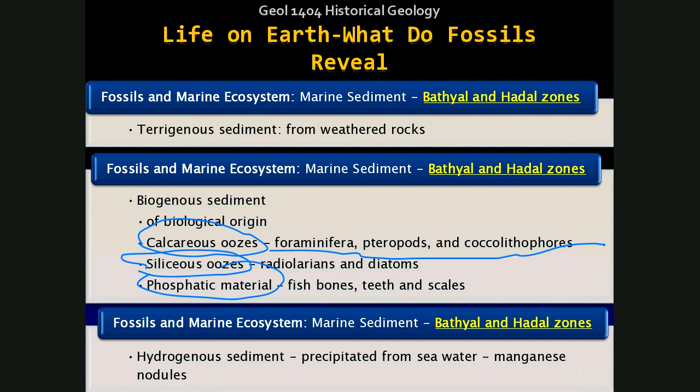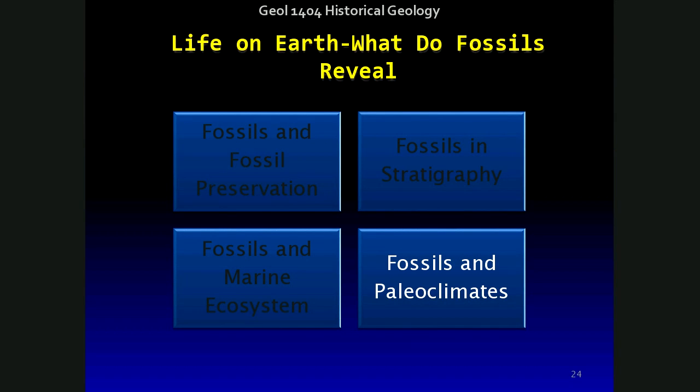But you also will find on the ocean floor terrigenous sediment, which is made of weathered rocks, or hydrogenous sediment that got precipitated directly from the ocean water. So that's something about marine ecosystems. Since the type of organisms that live at different depths changes, the fossil assemblages tell us about the ancient marine ecosystems, which eventually help us to decipher the Earth's history.